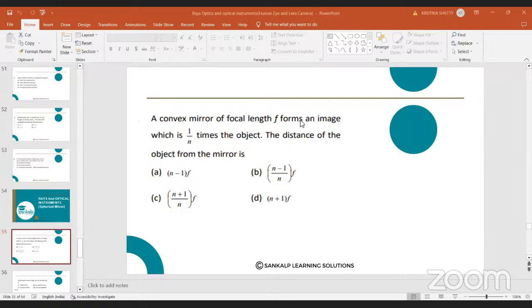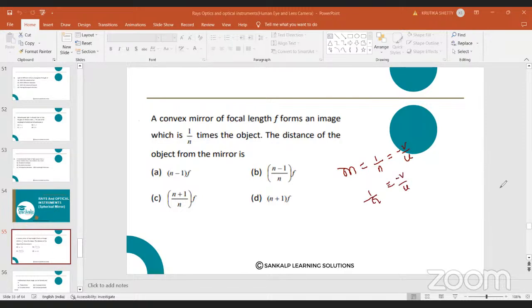Here I take it that the image is 1 by n times that of the object, as given. We also know that the magnification for the mirror is given by minus v divided by u. So let us simplify this equation. When we simplify, 1 by n is equal to minus v by u.